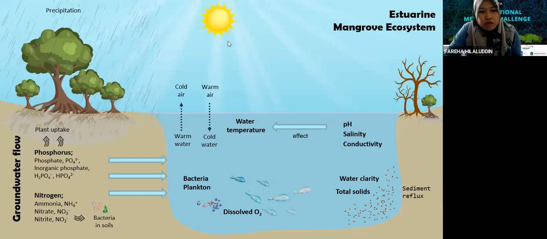Here are some views of how water quality is connected with the mangrove ecosystem. This is a riverine mangrove ecosystem.